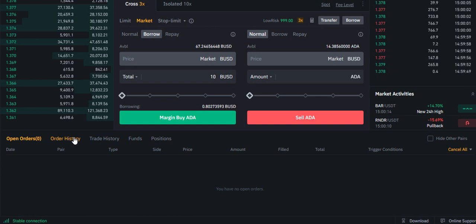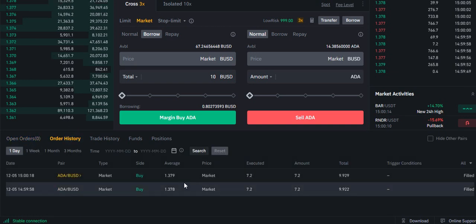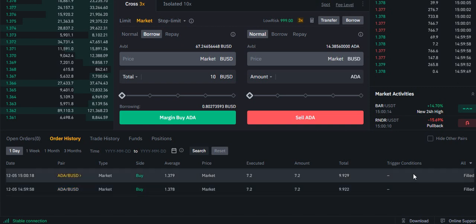So where is the order placed? The order is placed now. Here I took the market price, the average buy price is 1.379 market.